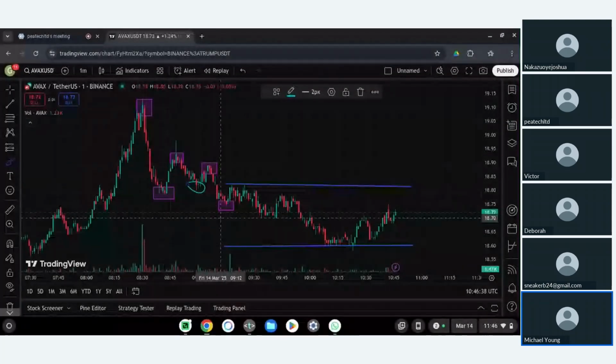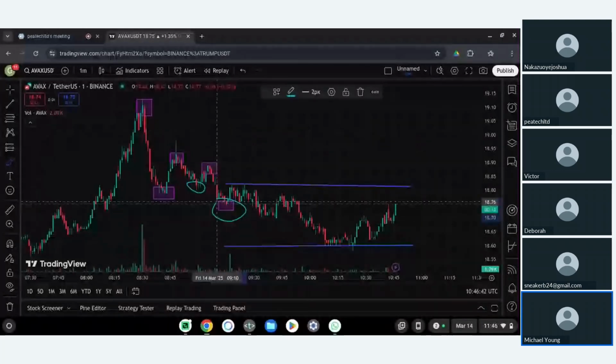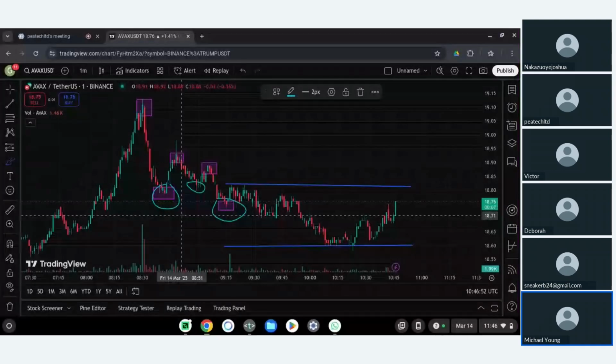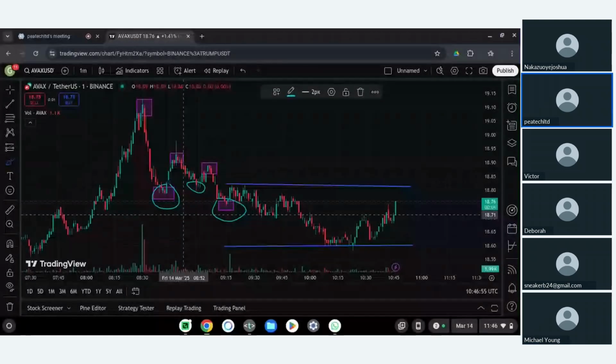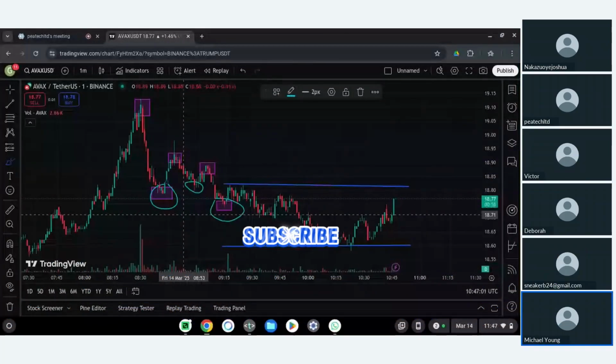Then this low over here is a valid low because it was able to break this low over here. Yes, sir. That's okay.